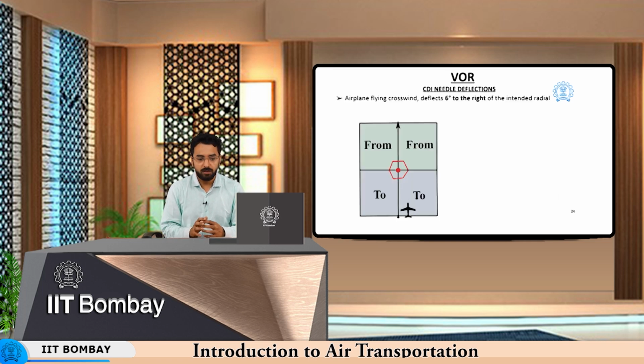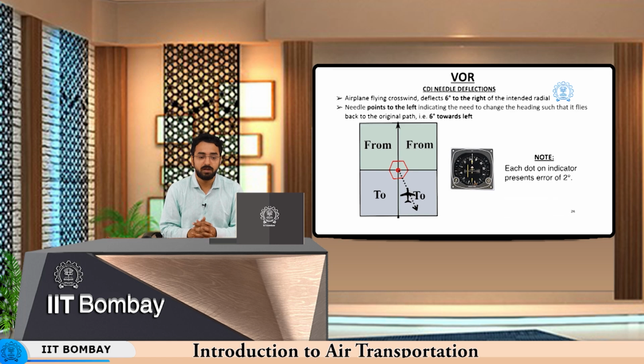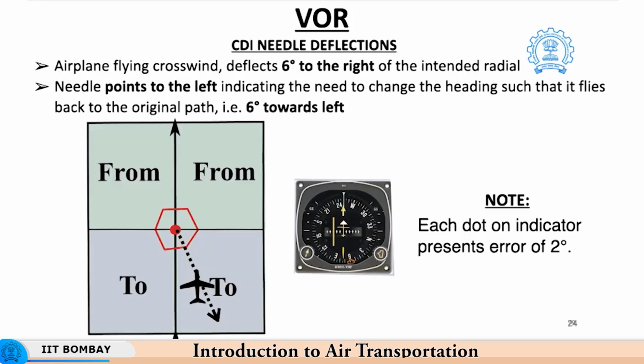If, because of the presence of wind, the plane has deviated 6 degrees to the right, the needle will point to the left. That is, the needle tells the aircraft to turn left, 6 degrees, so that it can intercept the pre-selected course.